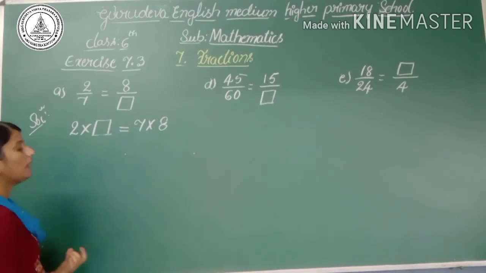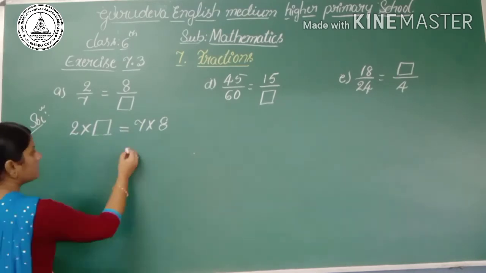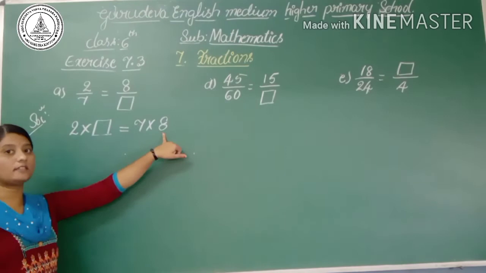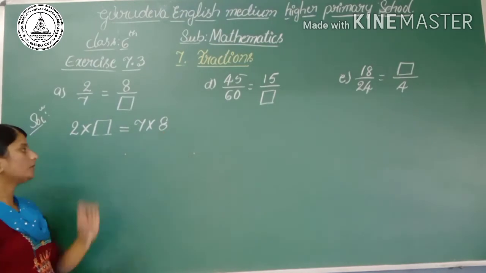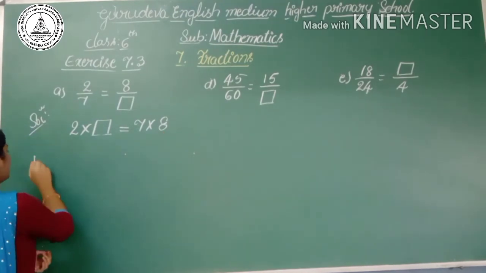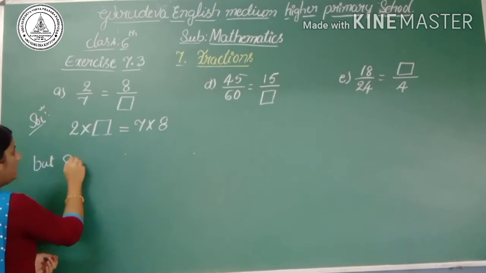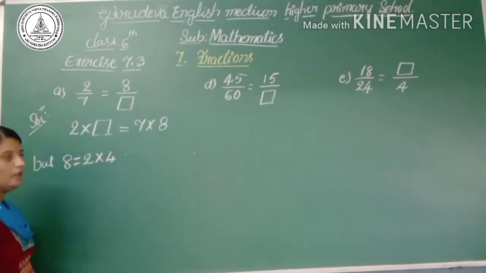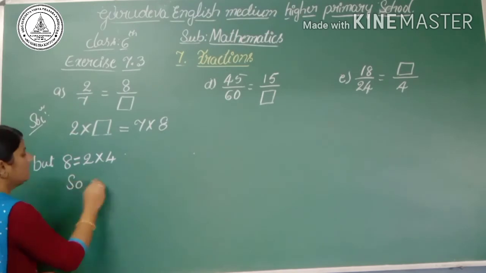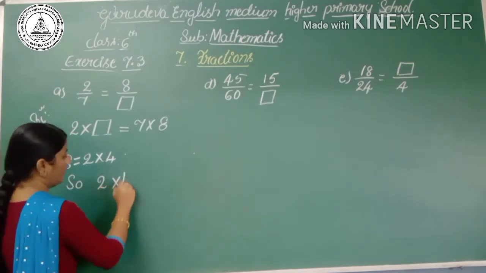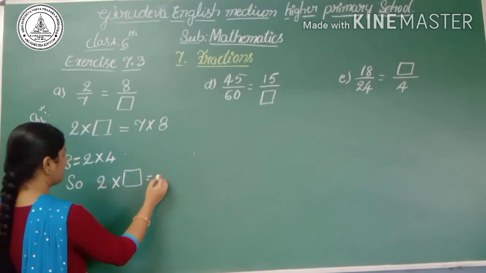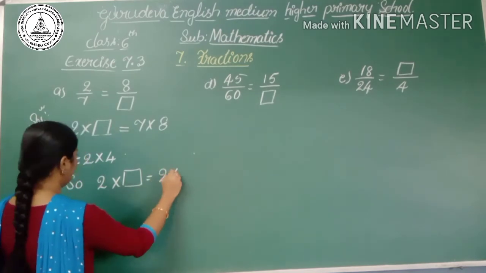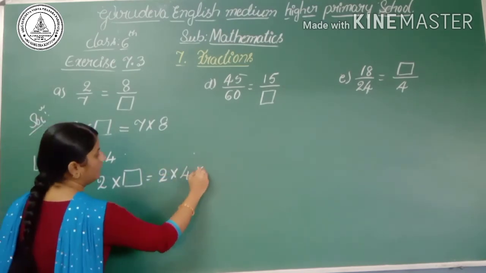Now, how can we write this? We can write 8 as 4 twos. So we can write 2 into box, which is equal to 2 into 4 into 7.